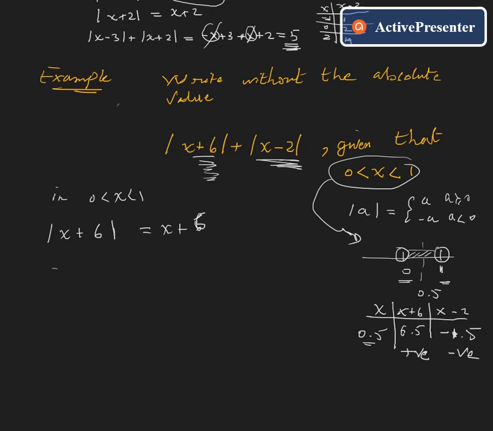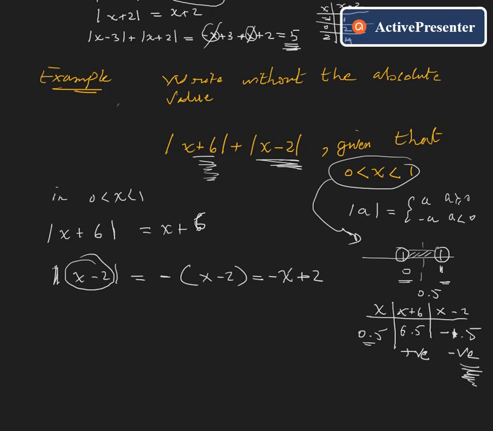However, the absolute value of x minus 2 equals the negative of what is inside, because we know that it is a negative value here. So the negative of x minus 2 is equal to minus x plus 2.